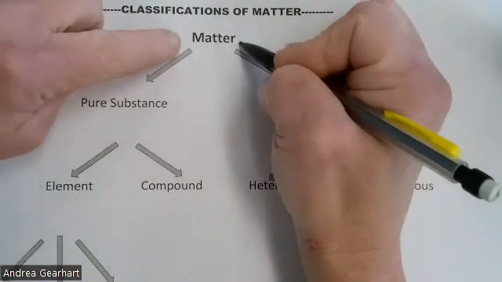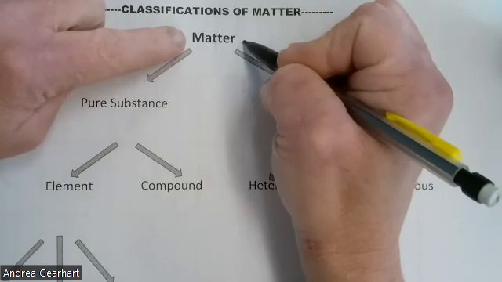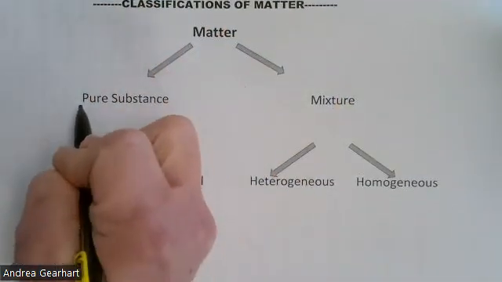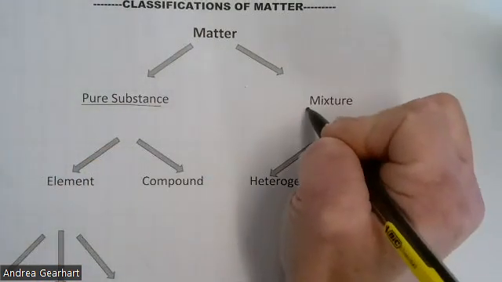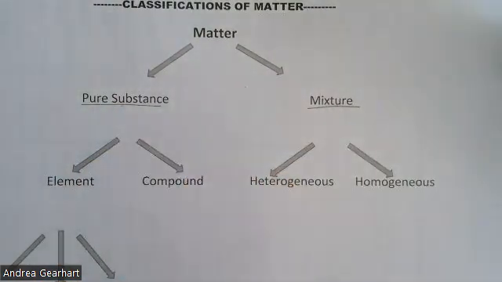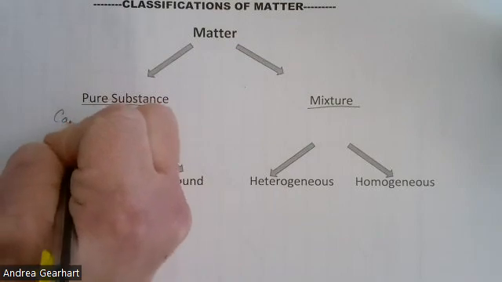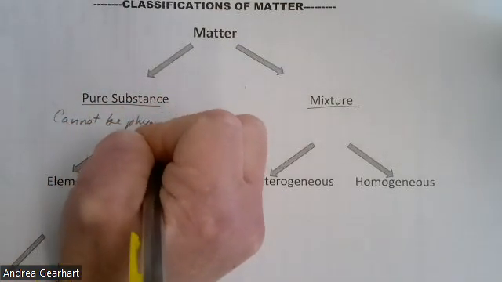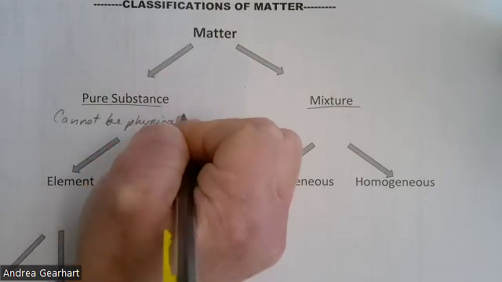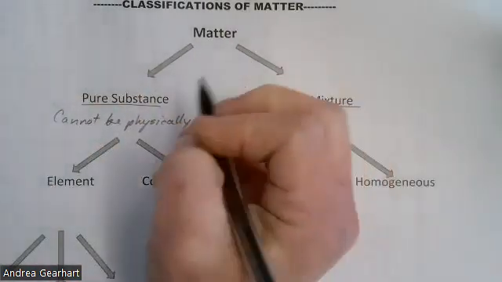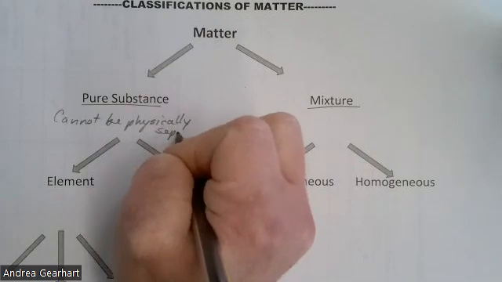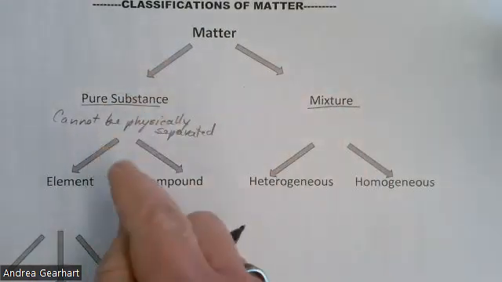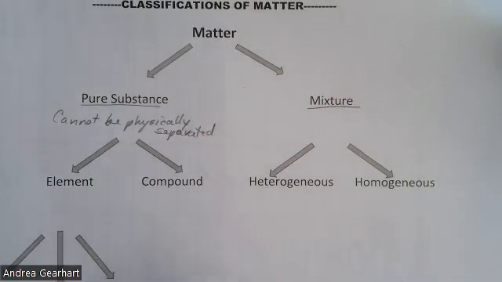Anything that has mass and takes up space can be most simply divided into a pure substance or a mixture. Pure substances cannot be physically separated. Physical separation methods do not chemically change our substance.